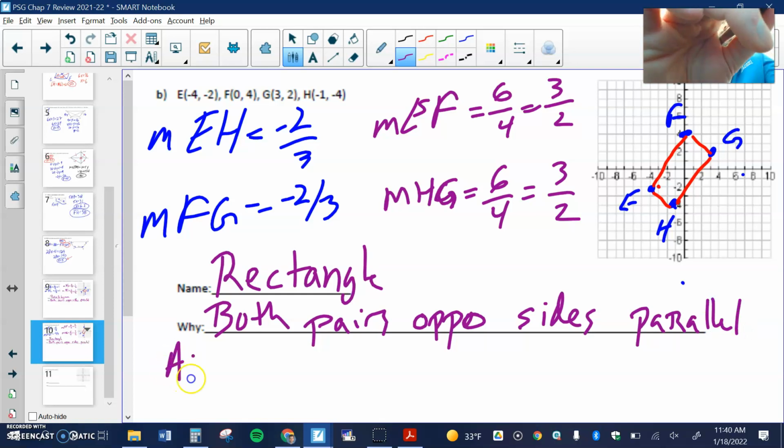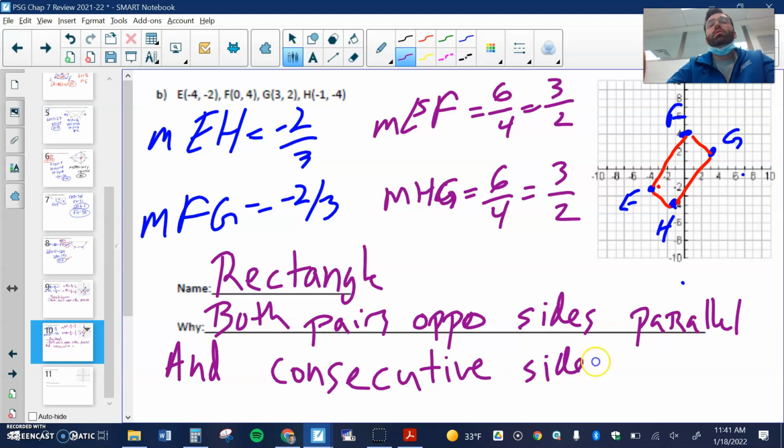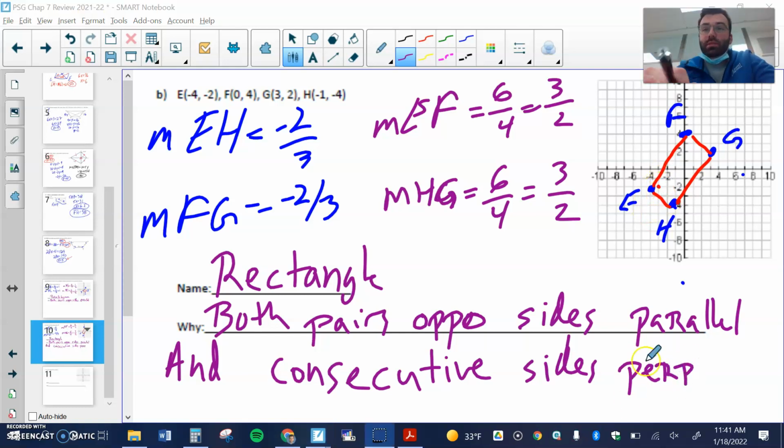And consecutive, really they're disjoint, but consecutive is easier for people to understand, sides perpendicular. I'll write perp. There's 4 right angles because they're perpendicular, so this has to be a rectangle.